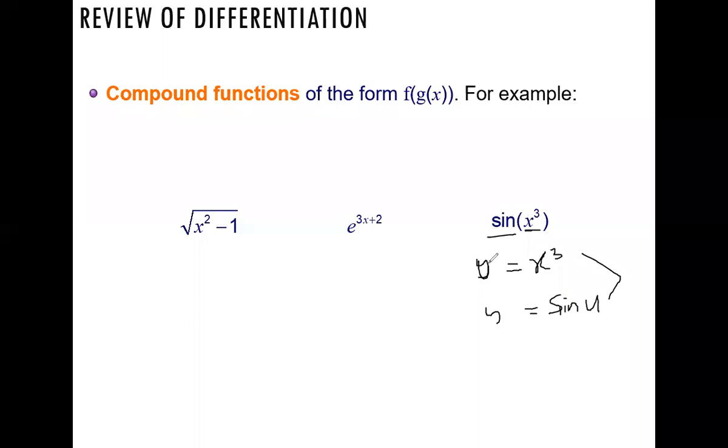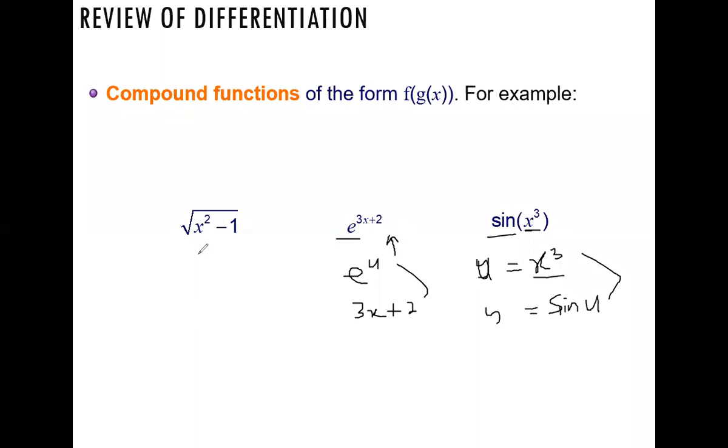So if we say that u is x cubed, and then we put x cubed inside the sine function, sine is a trig function, and x cubed is a polynomial function of degree 3. So there are two functions that have been combined. In the same way, this is an exponential function, e raised to the power u, and another function, which is a linear function, 3x plus 2, have been combined to give you what we have at the top here.